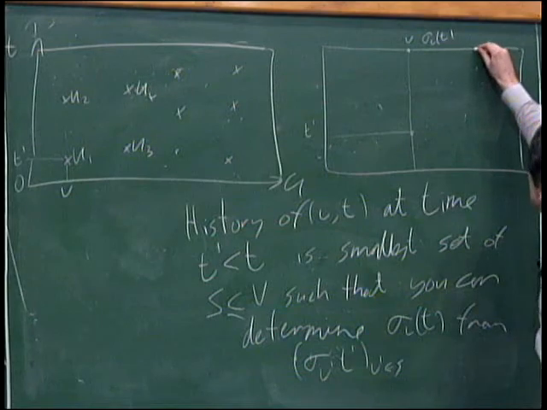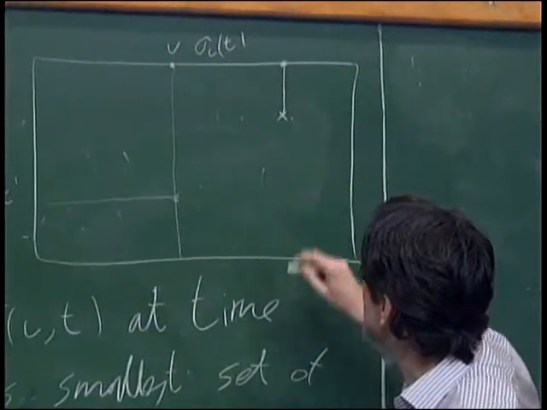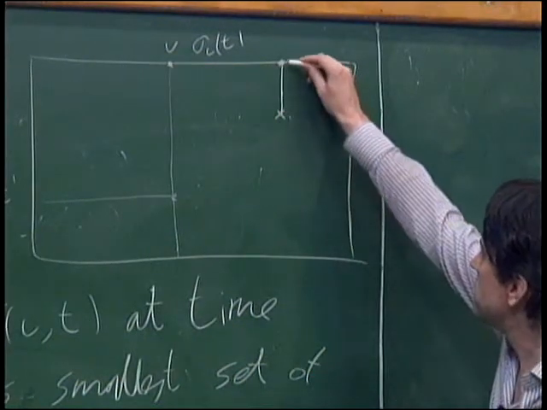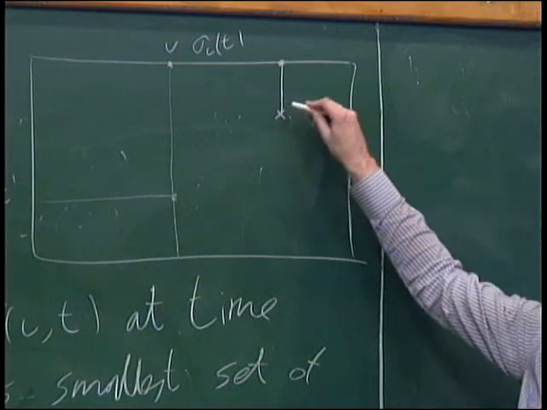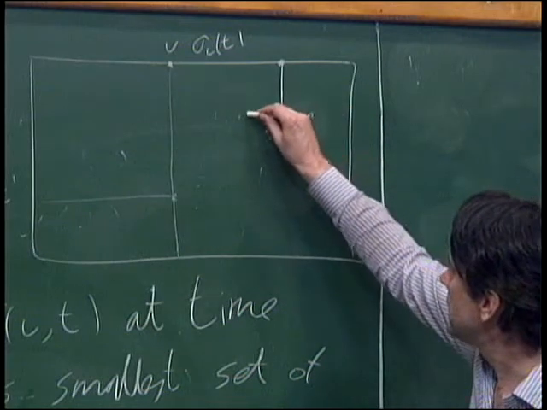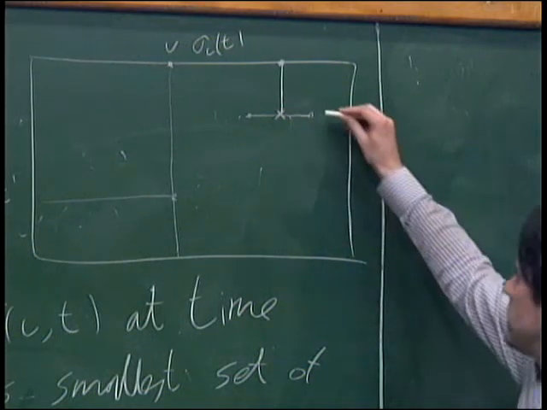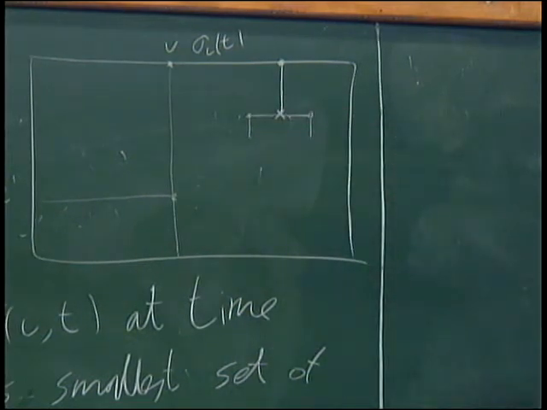On the other hand, suppose we had another vertex, and at some intermediate time, it got updated. Then, in order to work out what the spin is here, we need to know the update here, plus the spin at these neighboring vertices. And for a time further back in time, we'd need to know the history of these ones.